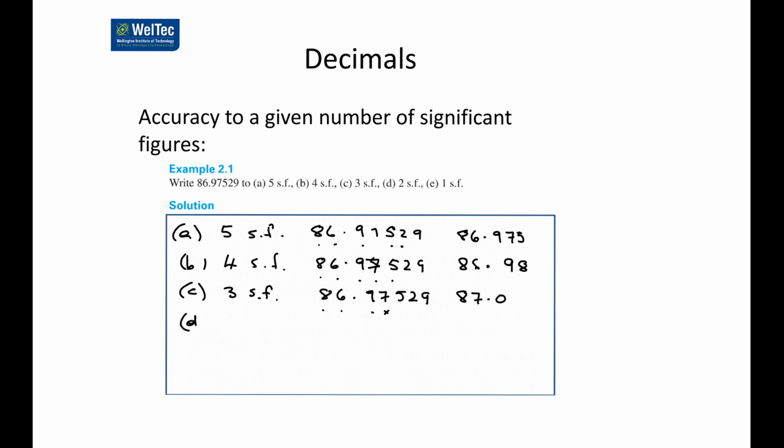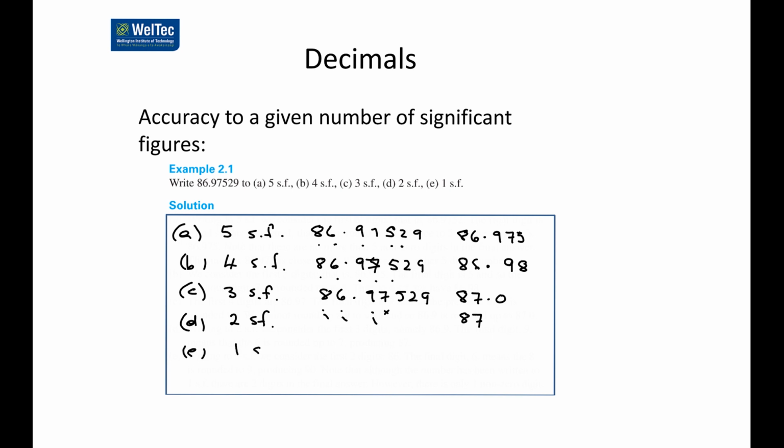D, we're going to round it to 2 significant figures, so we need to look at the first 3, 1, 2, 3, and we need to round that up, which we can't, so we're just going to write it as 87. So that's the number approximated to two significant figures.